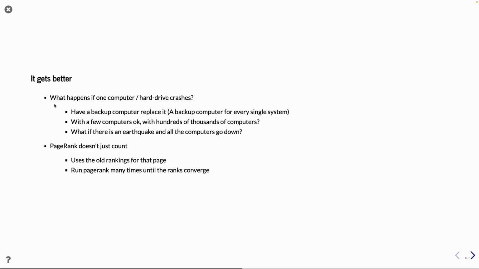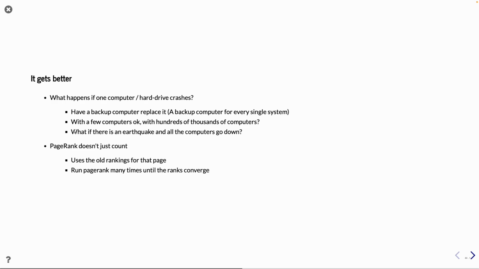Then, of course, you have the additional problem that if you have these huge computing resources, you need to be safe against computer crashes, hard drive failures, etc. So you also need a lot of redundancy and backups. But it's a lot of computers, so you can't really have a backup for each one of them.